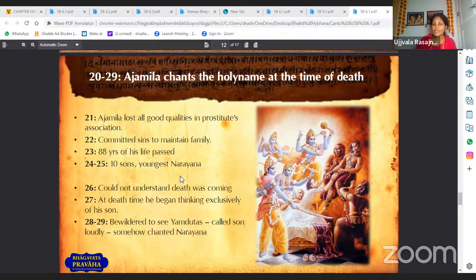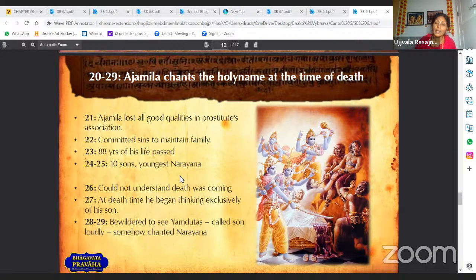So if somebody is voluntarily doing like that, okay, I will take the nama, or I'll do the bhakti, and then I will pursue all the desires that I have. If somebody has that kind of intention and does the bhakti like that, that is an aparadha. Ajamila did not do that.